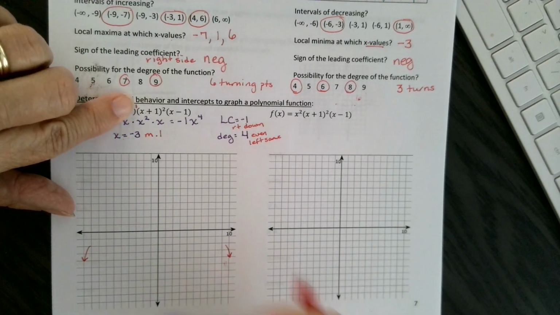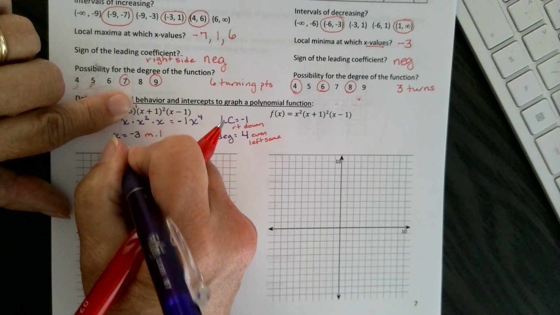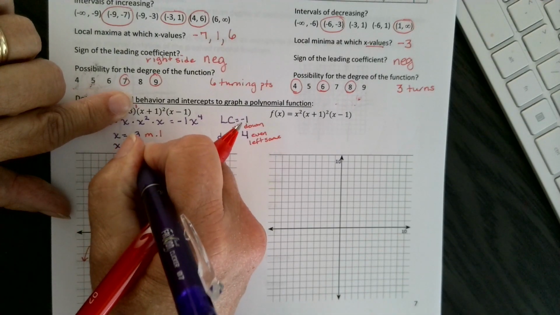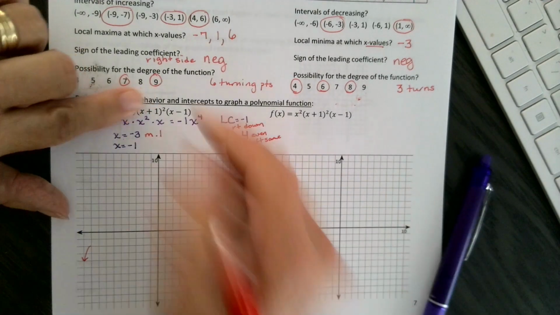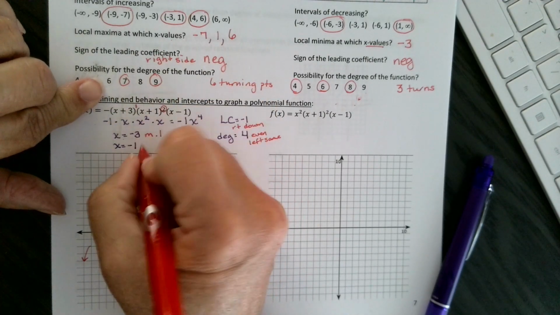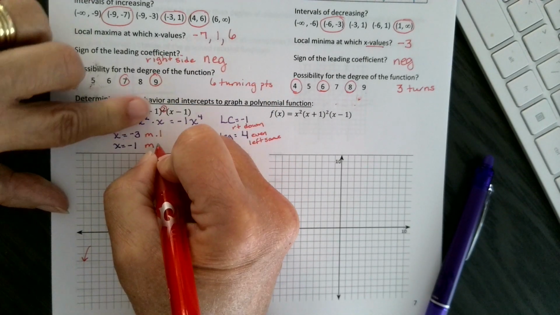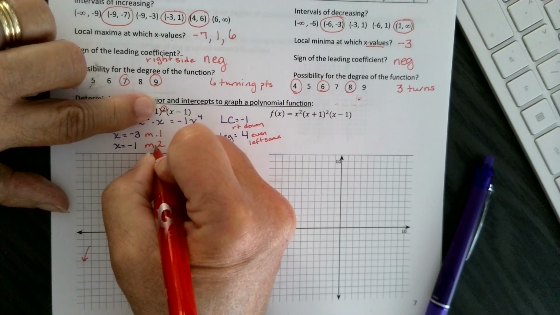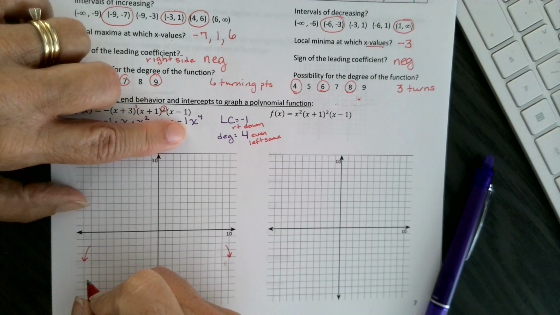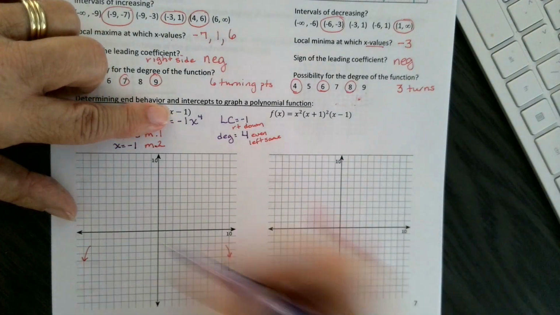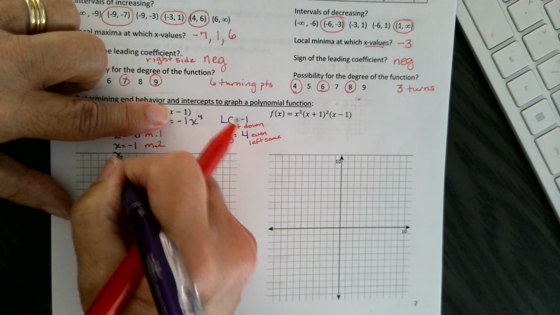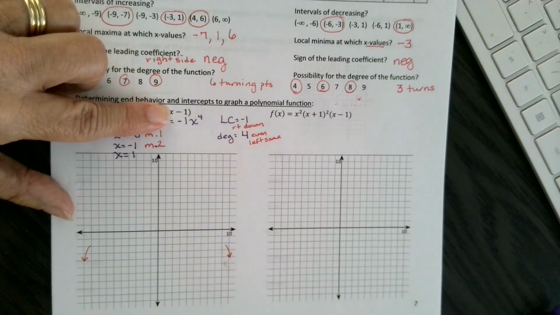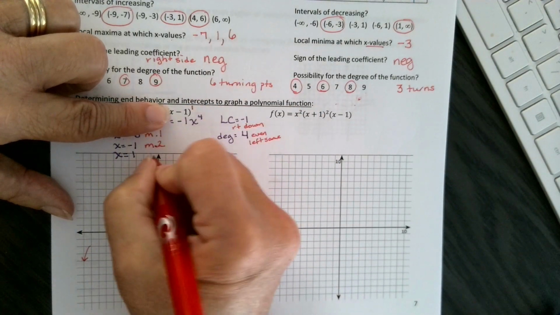This is going to be negative 1. So I have x equals negative 1. It has a multiplicity of 2 because of that exponent right there. And then this one is a positive 1, and it has a multiplicity of 1.